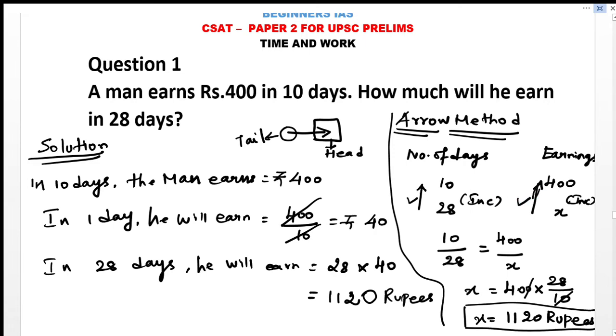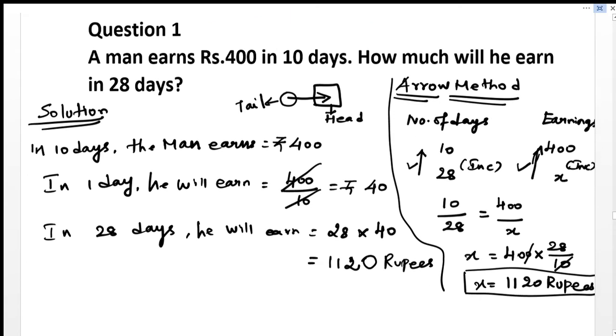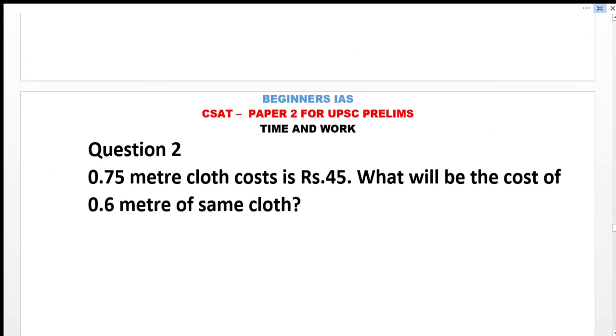So this question is direct variation. So this is the formula here, or else simply cross multiply: 10 into x and 400 into 28. That is nothing but the Harrow method. Let us move on with the next question. So here, question number 2.